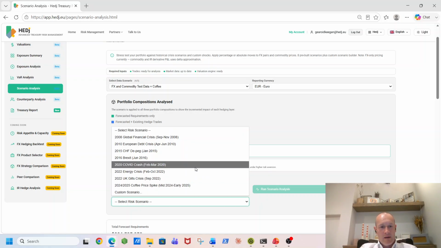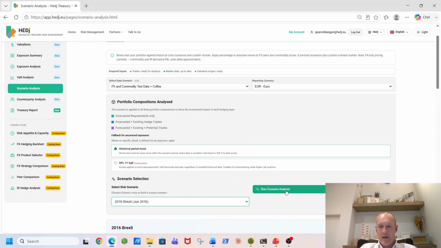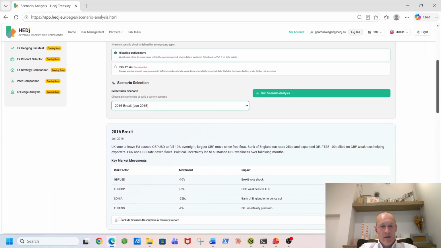So yeah, let's go with Brexit. Everyone remembers Brexit. So what happened during Brexit? Sterling dollar dropped by 10%, euro sterling weakened by 8% against the euro. UK interest rates dropped by 25 basis points, euro dollar was fairly stable.